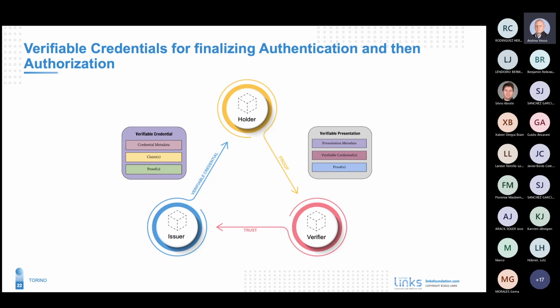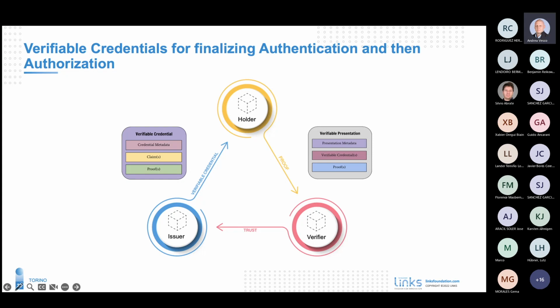I want to provide a more complex representation of the identity of that specific node. And so a verifiable credential is made of some credential metadata, which we will see later, a claim, essentially the part of the credential that describes the identity of the node, and a proof. The proof is a digital signature made by the issuer.